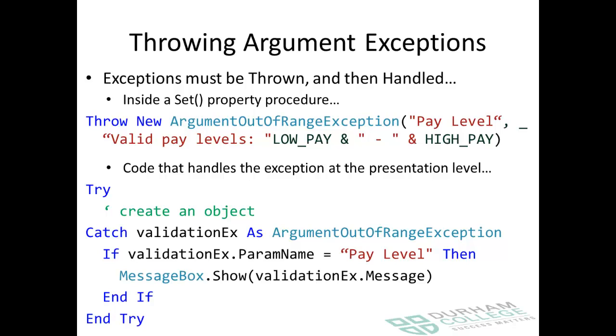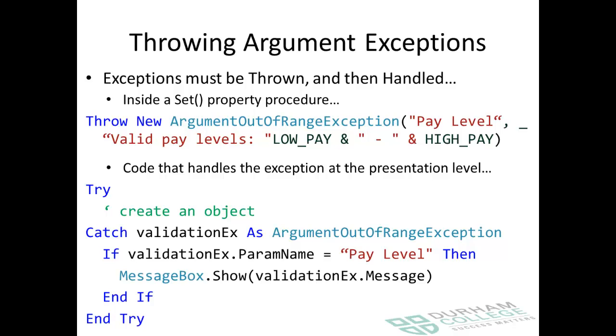So in terms of throwing these exceptions, we have to declare them. We have to create these exceptions before they're valid. So thinking in terms of the argument out of range exception. For my payroll program that we're going to take a look at here in a second, I've got a pay level argument, and that indicates the parameter that this exception has come from, and then I've provided a message.